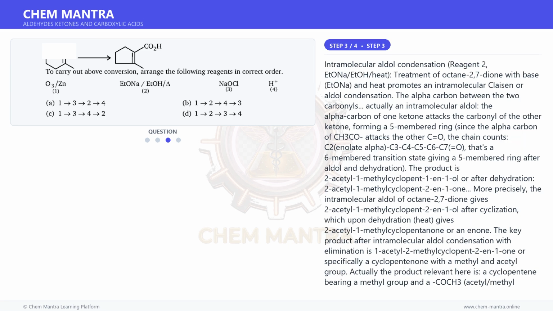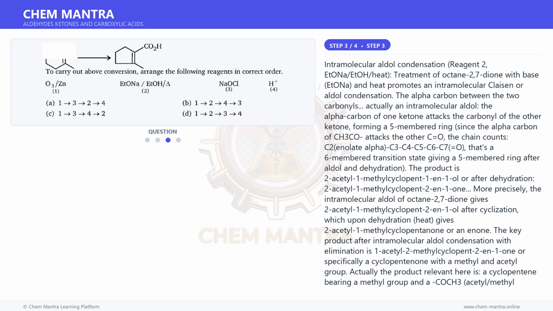Moving on to the next step. Intramolecular aldol condensation, reagent 2, NaOEt, EtOH, heat. Treatment of octane-2,7-dione with base and heat promotes an intramolecular aldol condensation. The alpha carbon of one ketone attacks the carbonyl of the other ketone.